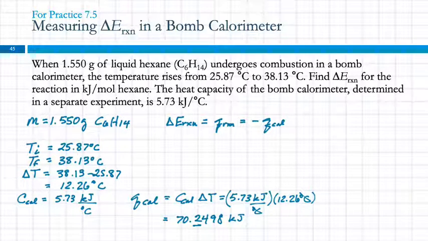So I found what Q for the calorimeter was, so I'm going to plug that in here. We've got negative 1 times Q for the calorimeter. Negative 1 times 70.2498 kilojoules, which is just negative 70.2498 kilojoules.